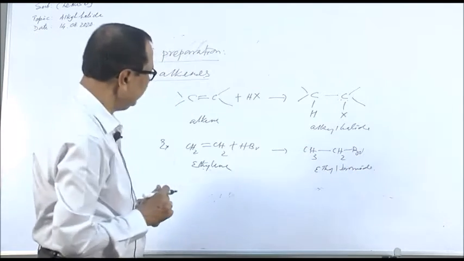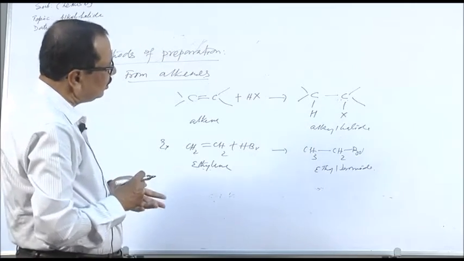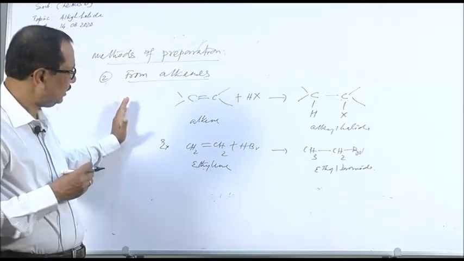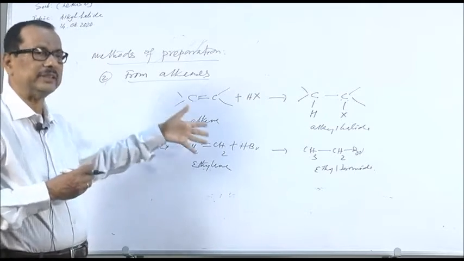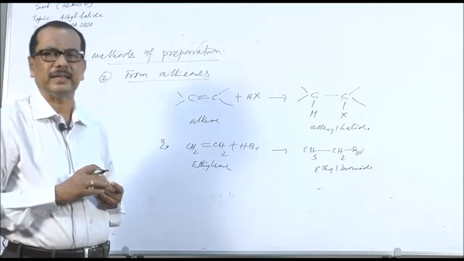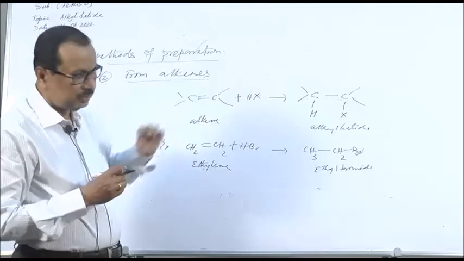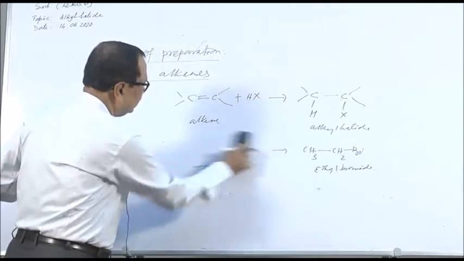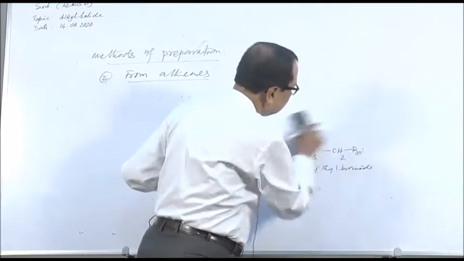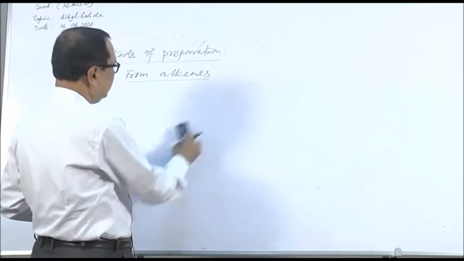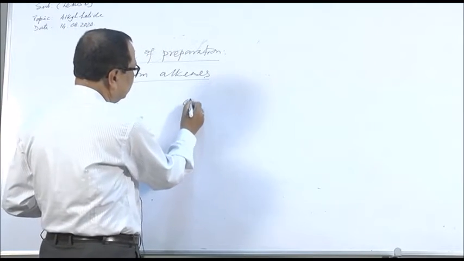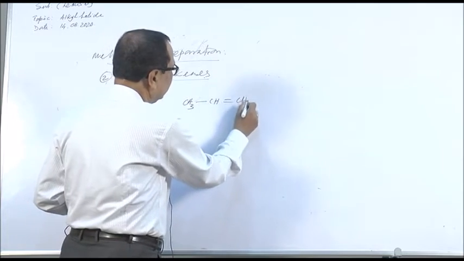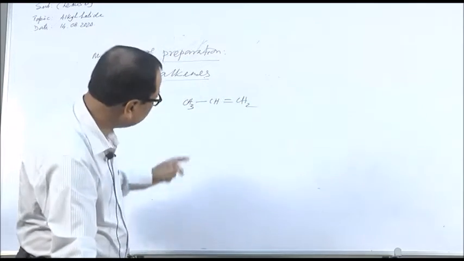Similarly, you can get other alkyl halides, but here is the addition of halo acids to unsymmetrical alkene. In case of unsymmetrical alkene, the products form according to Markovnikov's rule. An unsymmetrical alkene is of the type CH3CH=CH2. Why is it called unsymmetrical?